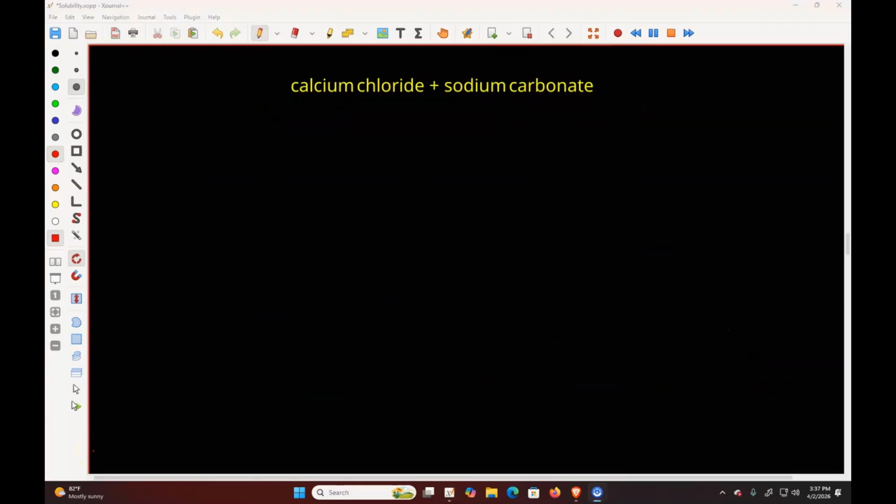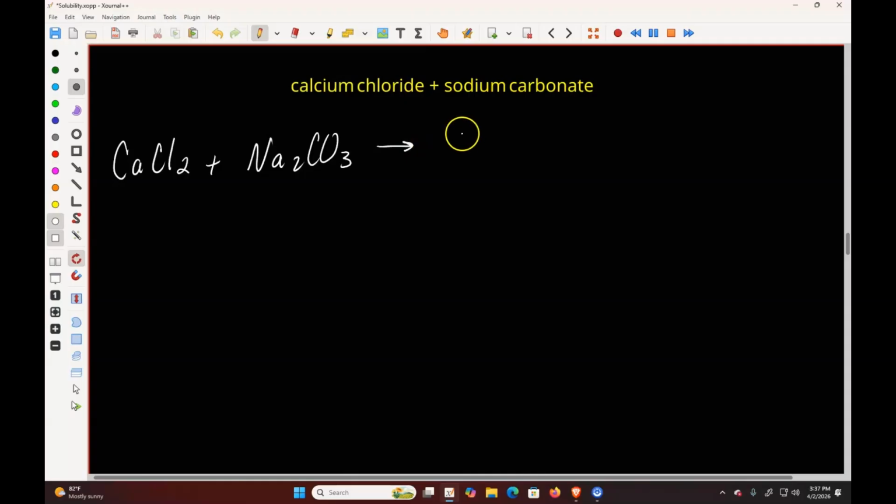Okay, calcium chloride and sodium carbonate. They're going to switch partners, so it'll be calcium carbonate and sodium chloride.